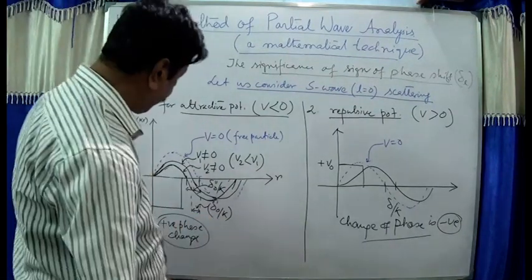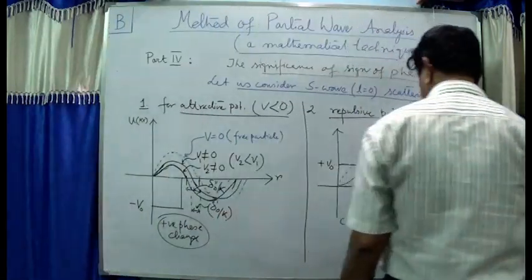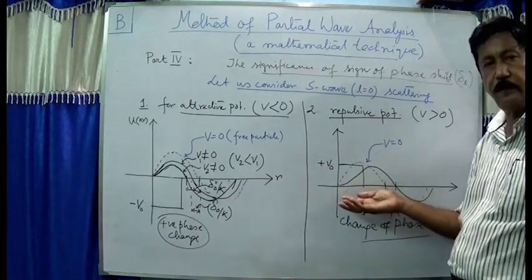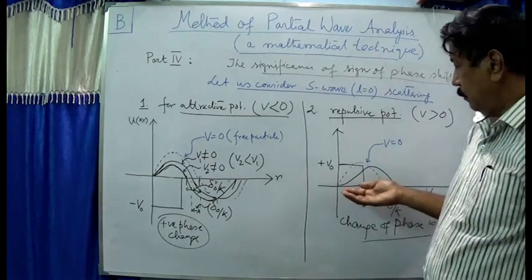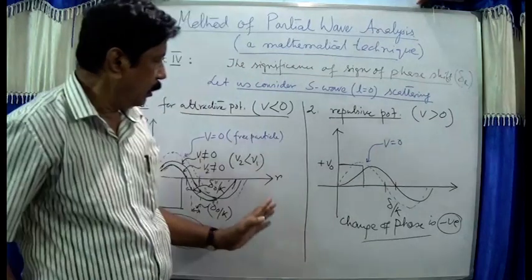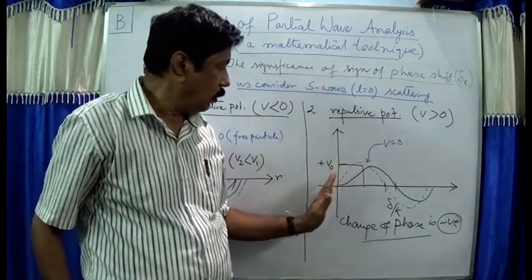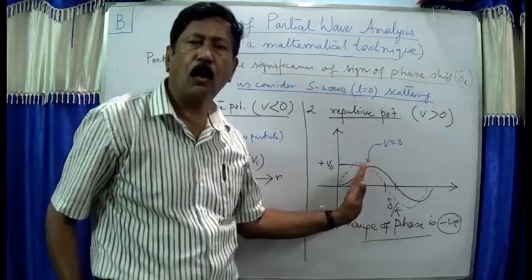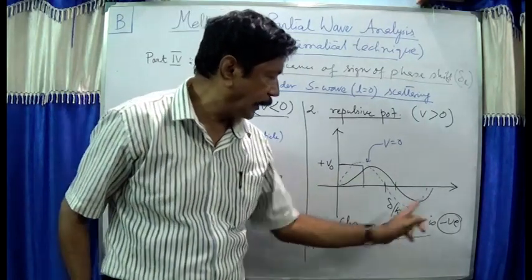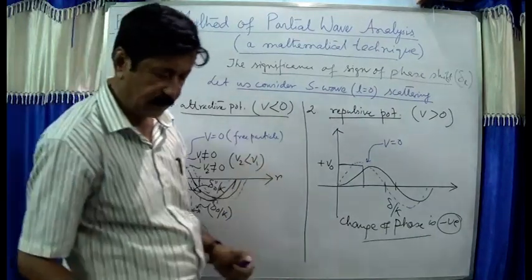So, like our previous discussion, we can also say that if the strength of the repulsive potential becomes more and more higher, the incident wave will be pushed out more and more, giving rise to negative change of phase. Is it clear now? Okay.